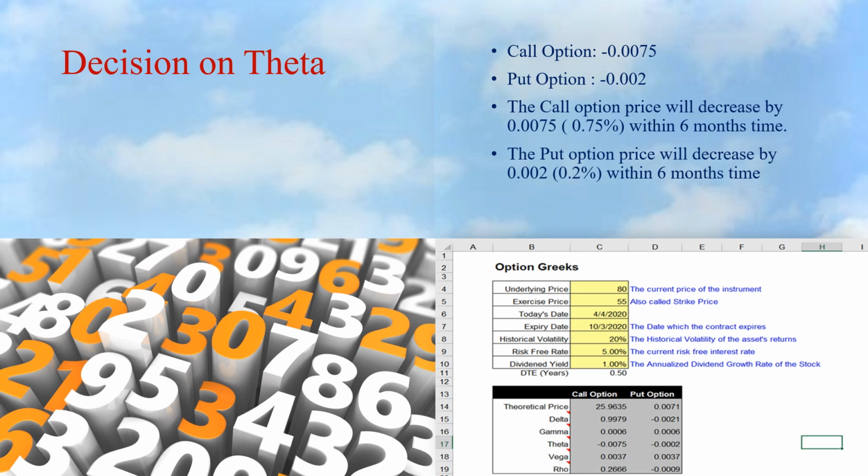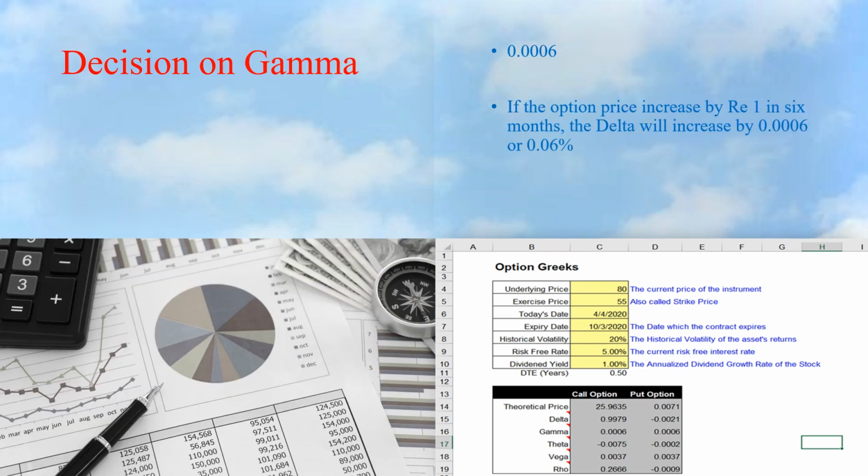So we have to see that it should not decrease. Gamma is 0.0006 in both call option and put option because it is the delta of delta. If the option price increases by rupee 1, then the delta will increase by 0.006. That is 0.06%.